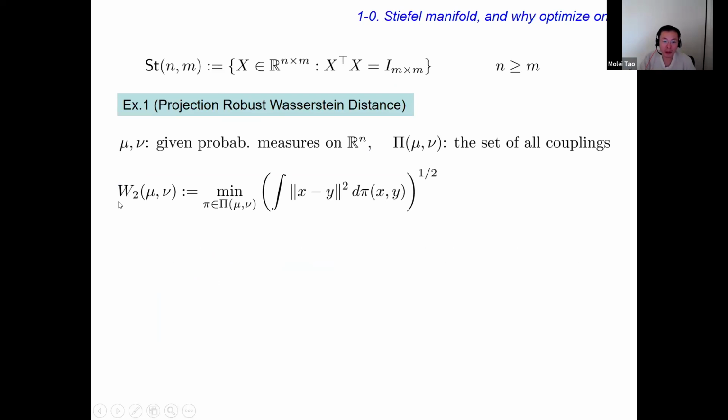Given mu and nu, you can consider something called a Kantorovich problem. The idea is, you have two piles of sand, one corresponding to the shape of mu, the other corresponding to the shape of nu. You want to move the pile of sand in the shape of mu to form the shape of nu. And of course, usually you want to minimize your effort. You want to minimize the motion of sand.